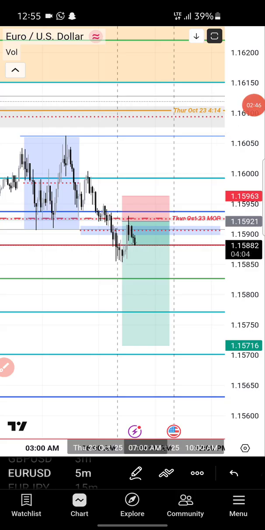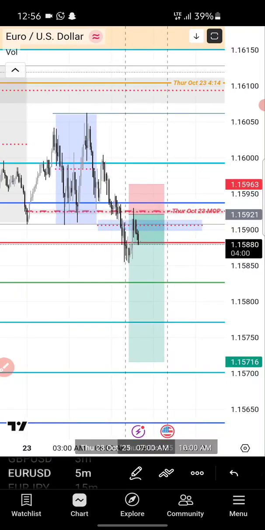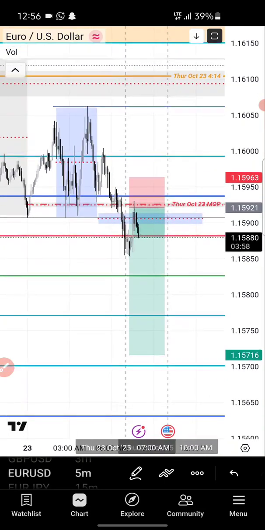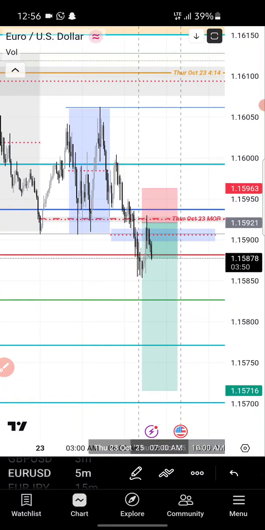So what are we seeing right now? We're seeing price respecting it. Remember that ICT said that the New York session bread and butter setup is going to form basically in one of the prices, either the midnight opening price, the 414 or the 9:30 opening bell.